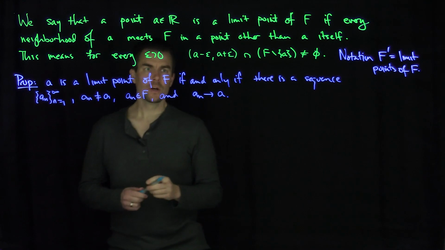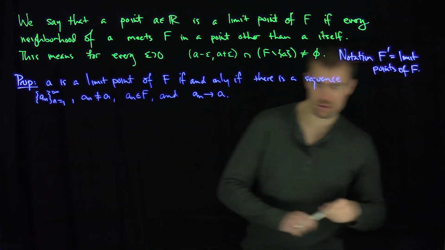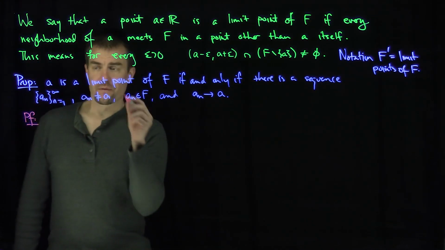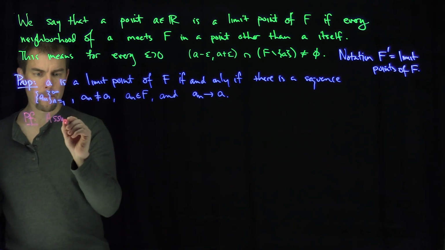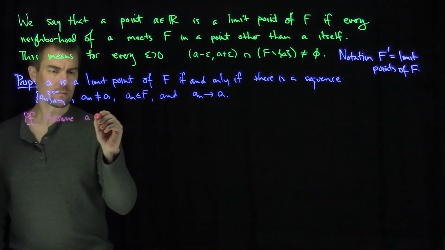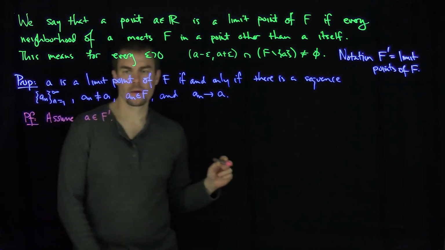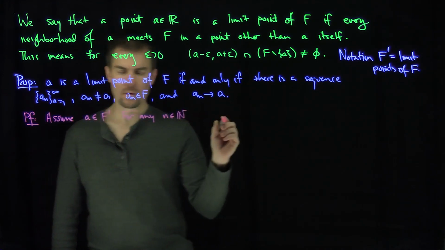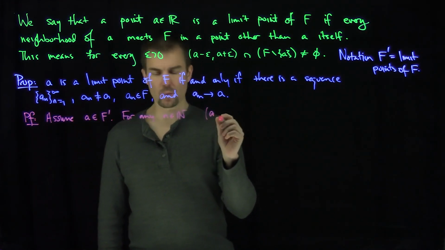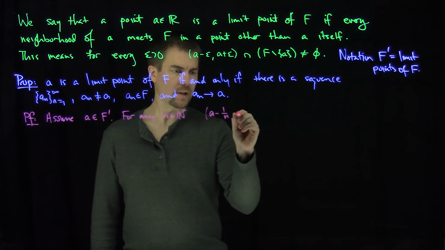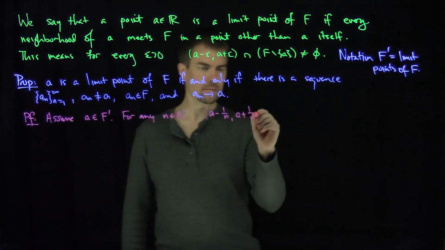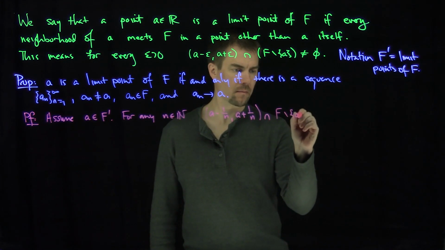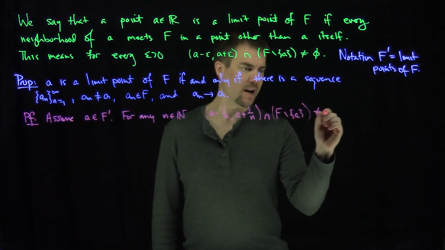Let's prove the first direction. Proof. Assume A is a limit point. Then for any n in N, I know that the interval from A minus 1 over n to A plus 1 over n, intersect F minus A, is not empty.